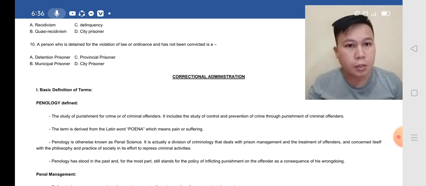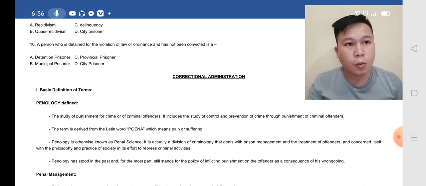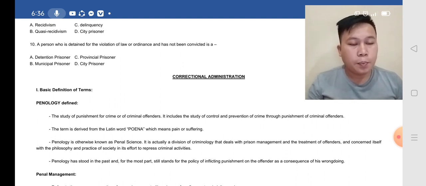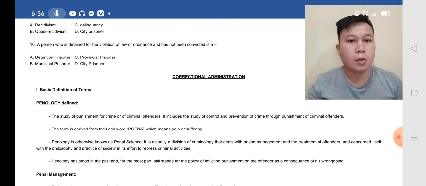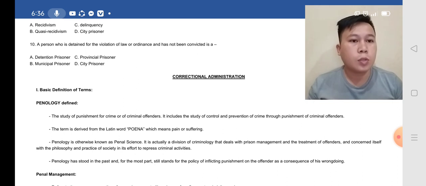So matatakot silang gawin yun dahil it's either mabubulok sila sa kulungan or makakaranas sila ng pagkakulong ng ilang taon. So, sa pamamagitan nun, na-instill ng correctional administration o correctional facilities yung control and prevention. The term is derived from the Latin word poena or pena, which means pain or suffering.